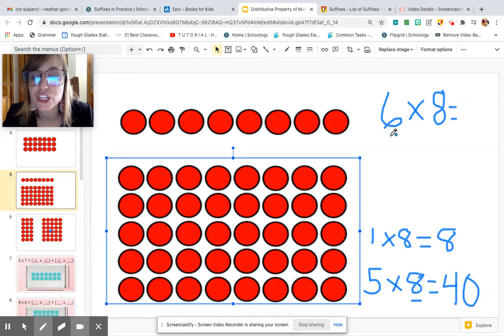So all I'm going to do is put my array back together, and I'm going to do that with addition. So I know because of the distributive property, I can take this 40, add it to 8, and that will give me the answer to 6 times 8. 40 plus 8, I'm just adding 8 ones to 40. That's 48.